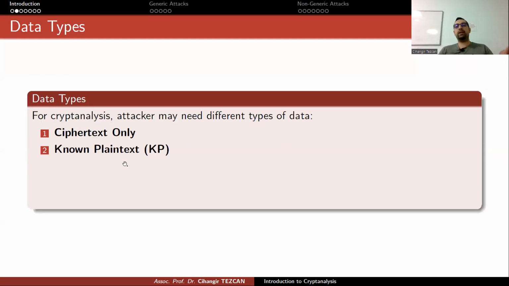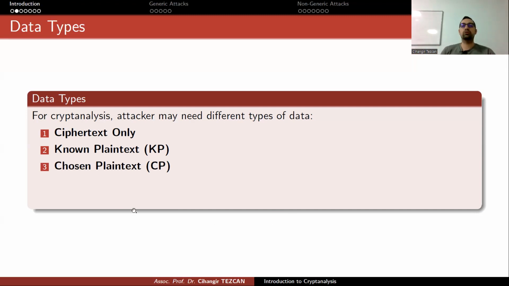In this scenario, you don't have any control on the plain text. For instance, you just ask for 1,000 plain text and 1,000 ciphertext, and you don't impose any conditions on this plain text. But in order for some attacks to work, you cannot use every plain text, and those plain text must be in some special format.